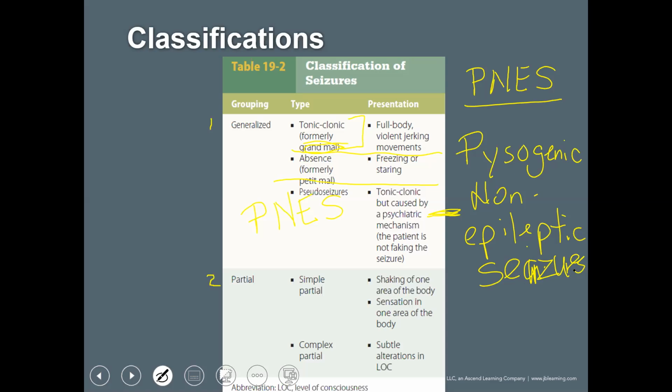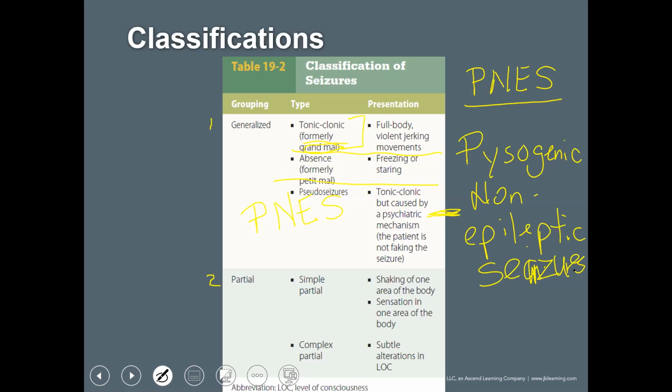A complex partial seizure will be some very minute changes in level of consciousness. They could just suddenly stare out into space for a second. Not like a petit mal seizure, but they just stop. So they'll be maybe walking or something, they'll just stop.